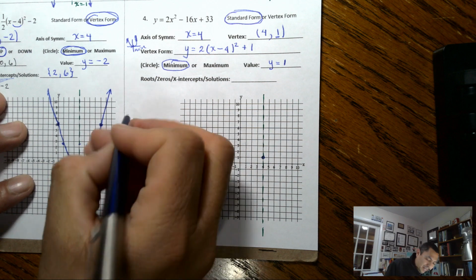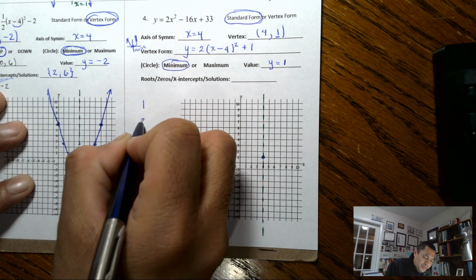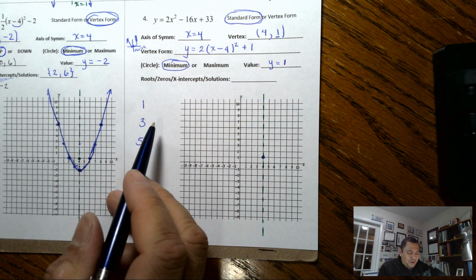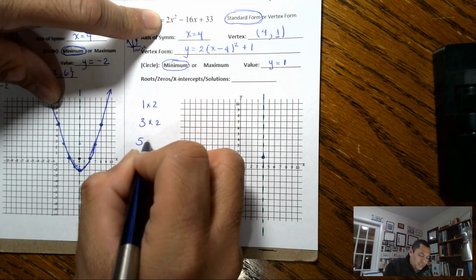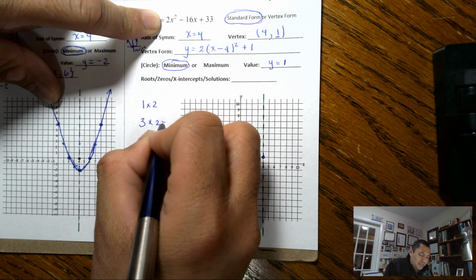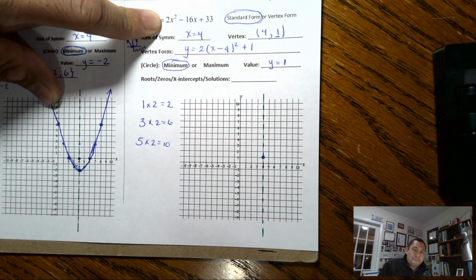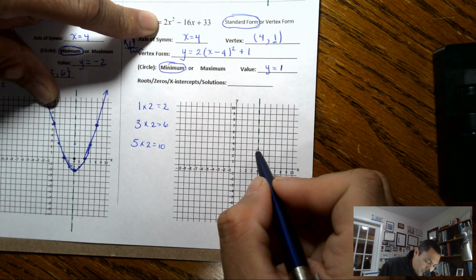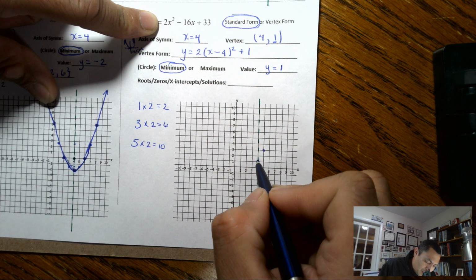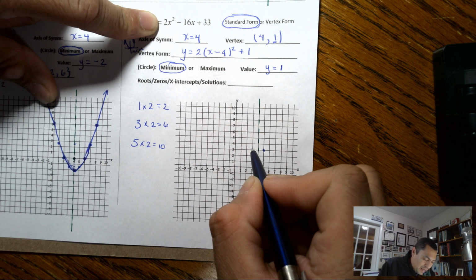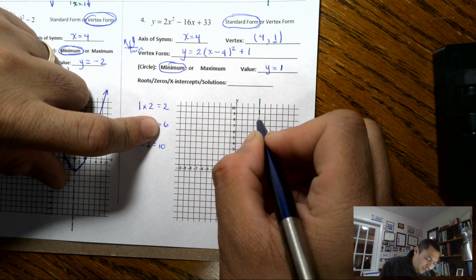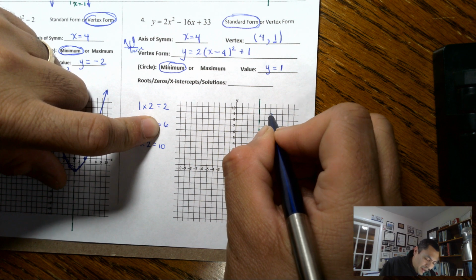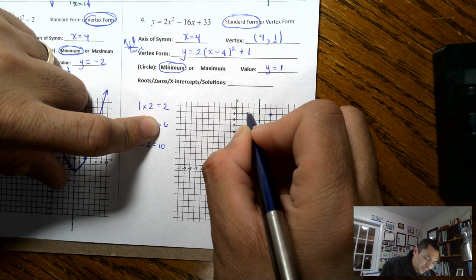My rate of change is 1, 3, and 5, but my value of a is 2, so times 2 is 2, 6, and 10. So I go right 1, up 2, left 1, up 2. Then I'm going 6 units up: 1, 2, 3, 4, 5, 6, and 1, 2 to the left.